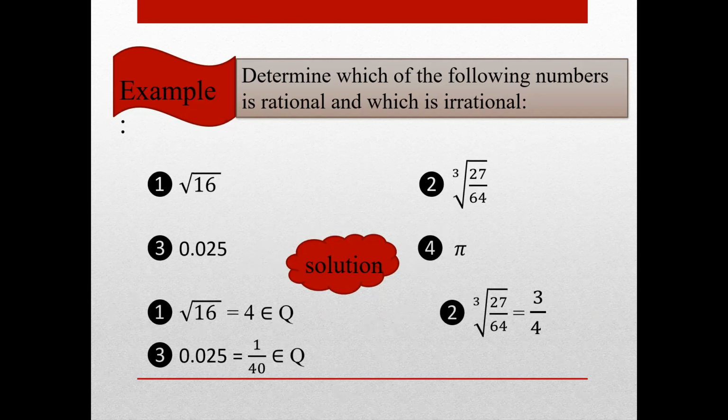This decimal can be written in the form a over b. If we press 0.025 in the calculator, the result will be 1 over 40. And this fraction belongs to the rational numbers. From the previous, as we said, pi by itself doesn't belong to the rational numbers. It belongs to the irrational numbers.